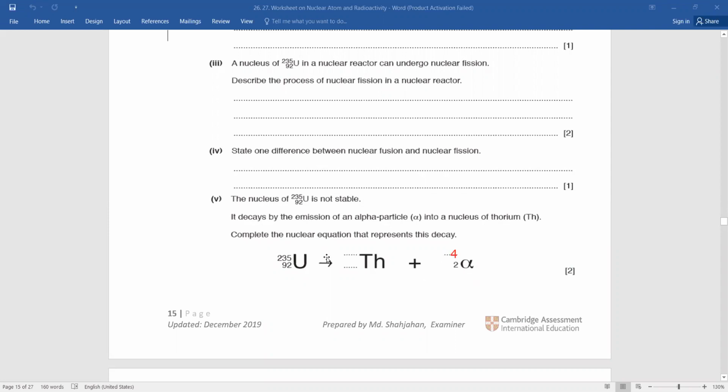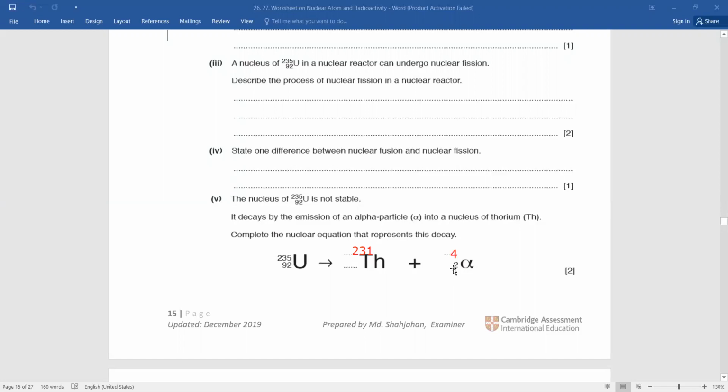Then you see the mass number of uranium, it is 235. And here in alpha 4. So how much will be for thorium? 231. For alpha, sir, proton number is 2. So for thorium, how many proton numbers? 90.